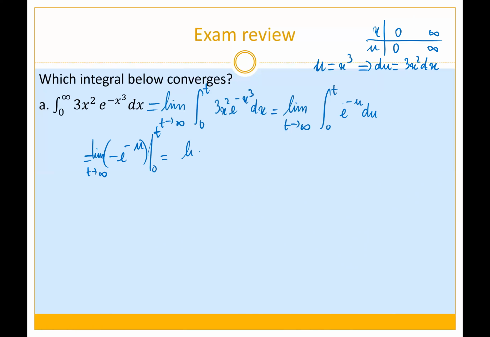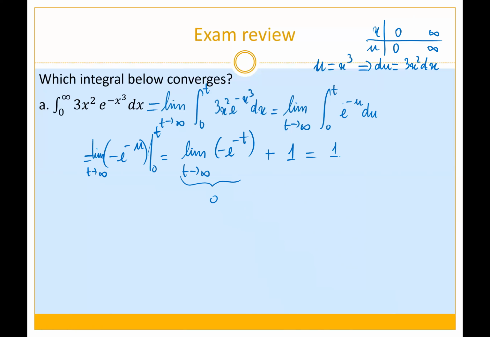So you have the limit as t approaches infinity of negative e to the negative t, plus e to the 0, which is 1. As t approaches infinity, e to the negative infinity is 0, so this thing is just 0. And so this integral converges to 1. As expected, this one is an easy one.